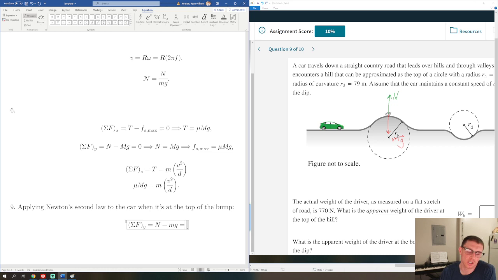Yeah, ma, but it's a specific kind of acceleration, right? So we would want to write this. Yeah, thank you. So we write v squared over, and they call it r sub h, so that's what we'll call it.